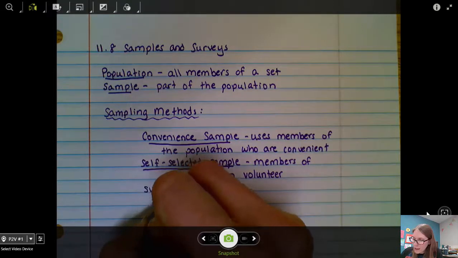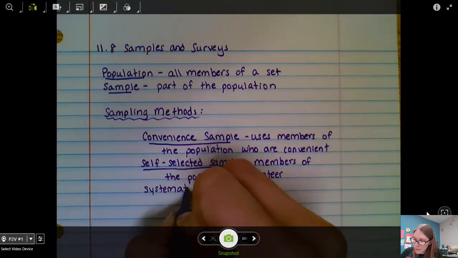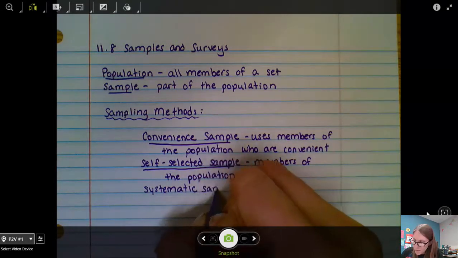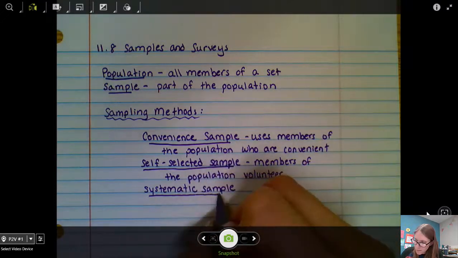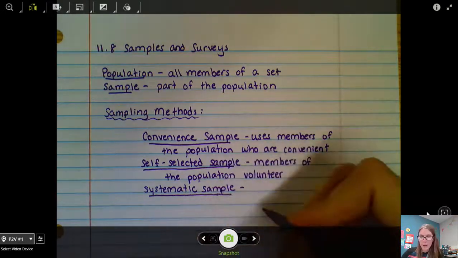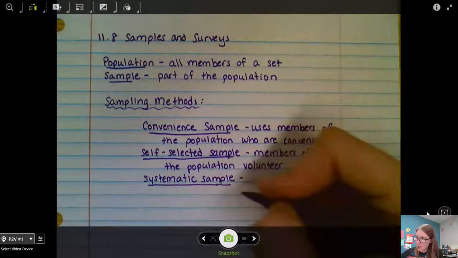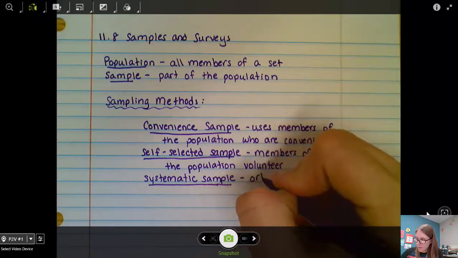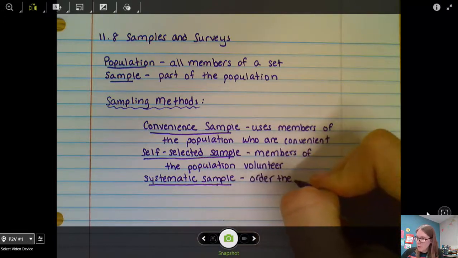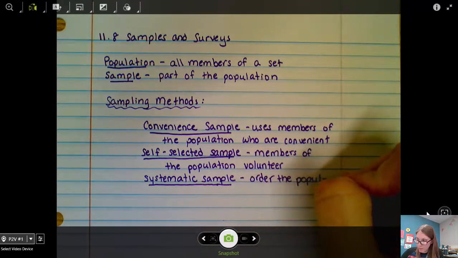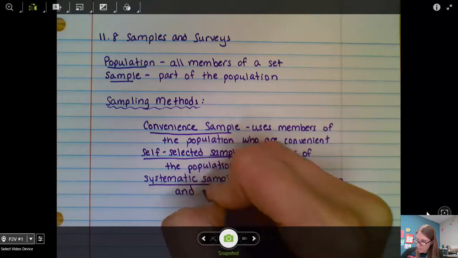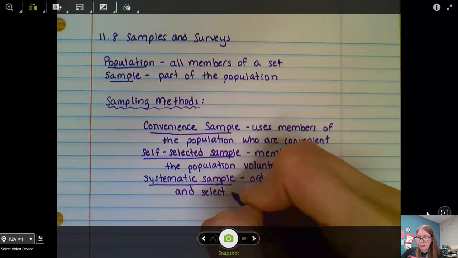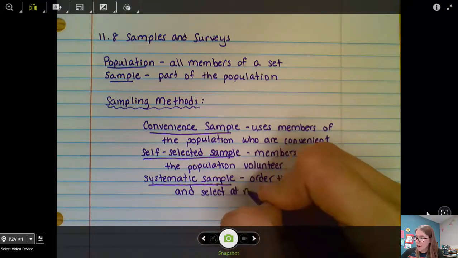Then we have a systematic sample. In a systematic sample, we need to order the population somehow and select from that population at regular intervals.